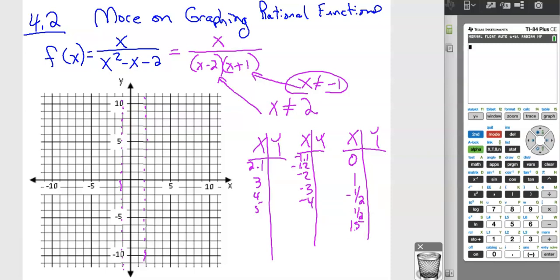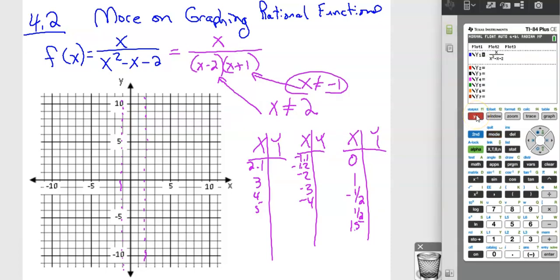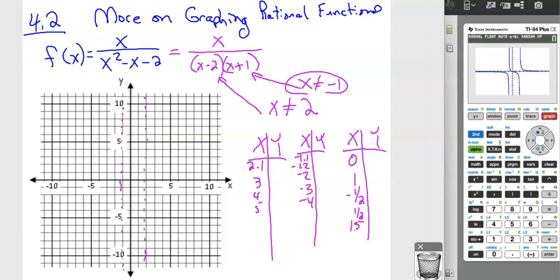Without a calculator, you would just plug those numbers into the function and get some XY values. You don't have to have a calculator, but with a calculator, just go ahead and plug that in. And we know, again, what x cannot equal. So we're going to graph this and notice what the function looks like.